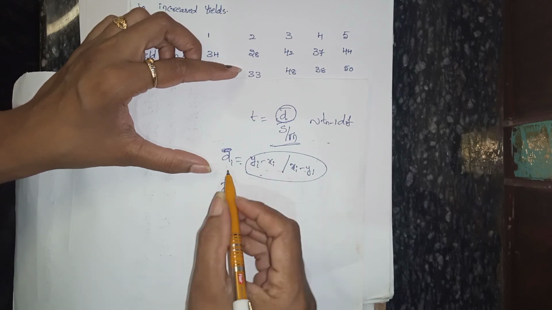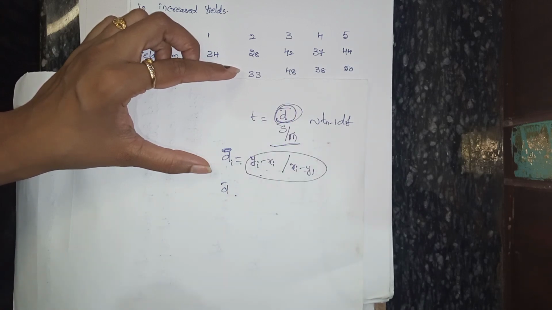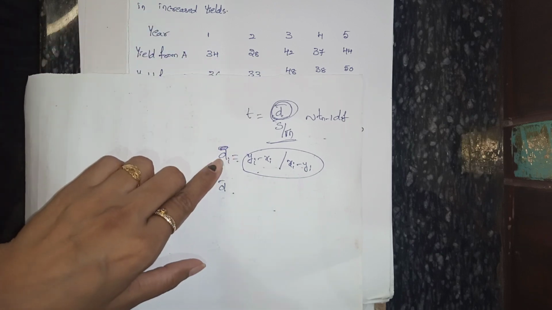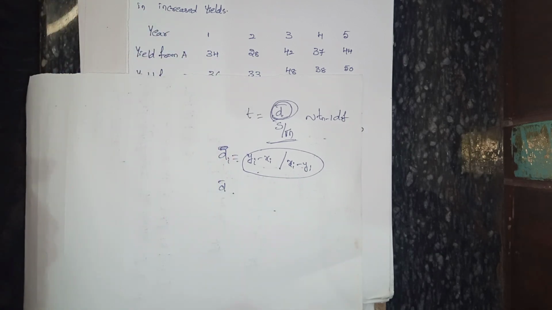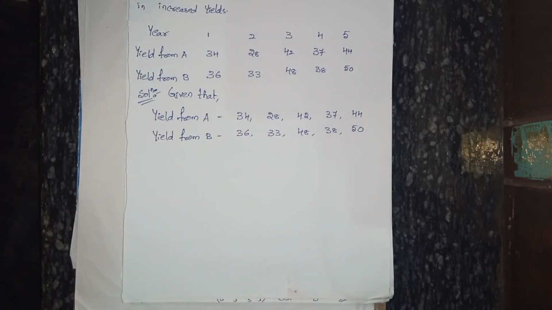So in order to find this d bar value, we first have to find di, that means the d values. For that, I am asking to calculate the difference of fields.